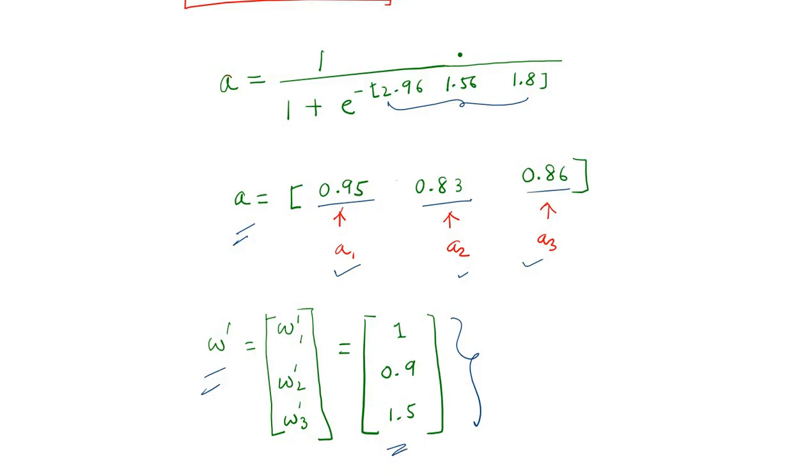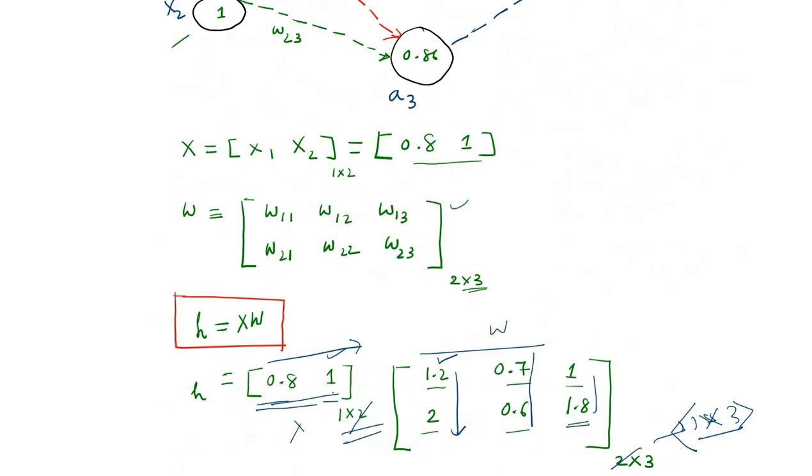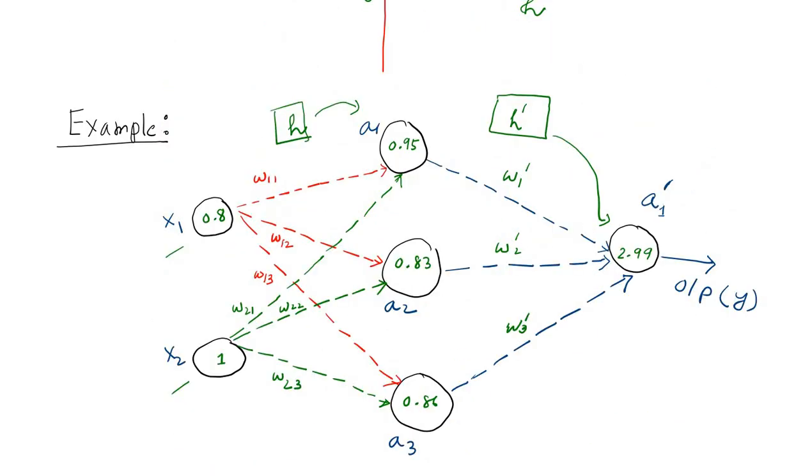So what is this w, and where do we use it with this activation value? Let's come to the figure here. These are the values w1 dash, w2 dash, w3 dash. From there we need to further compute the activation out of this h dash. h we already computed, which is your x into w. From here we pass to the activation a, which we also computed: 0.95, 0.83, 0.86.